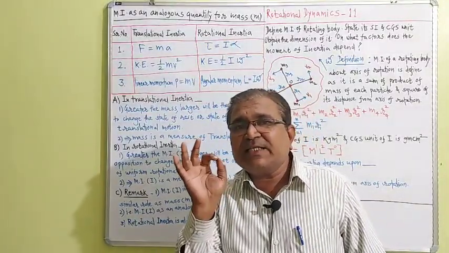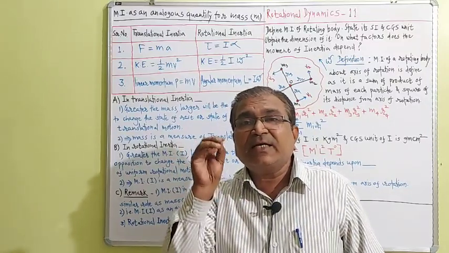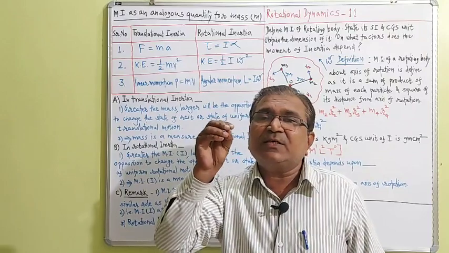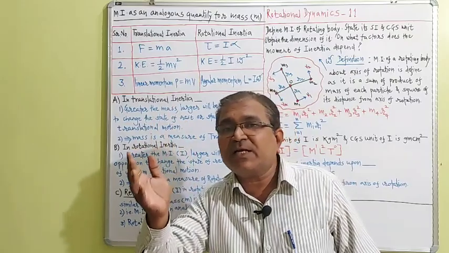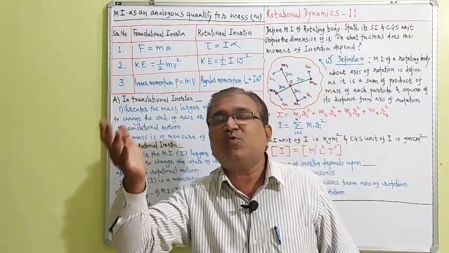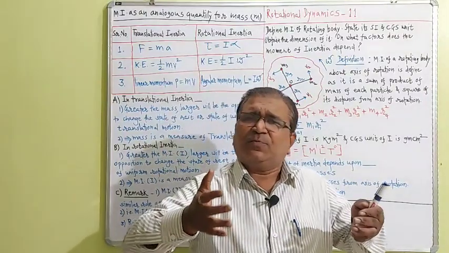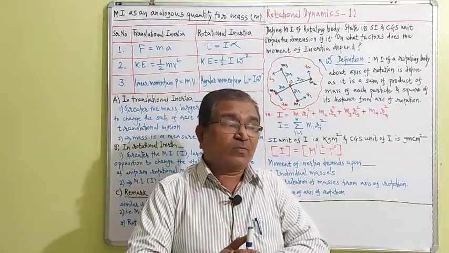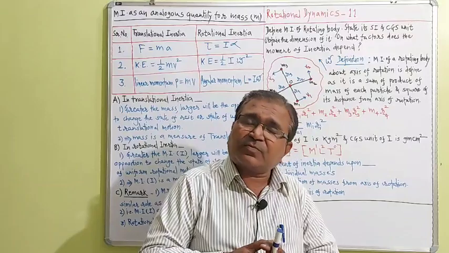So, in translational motion, greater the mass, larger will be the opposition to change the state of rest or state of uniform linear motion. Suppose a loaded truck, the mass of the truck is very high, and it is at rest. We require larger force to change its state.